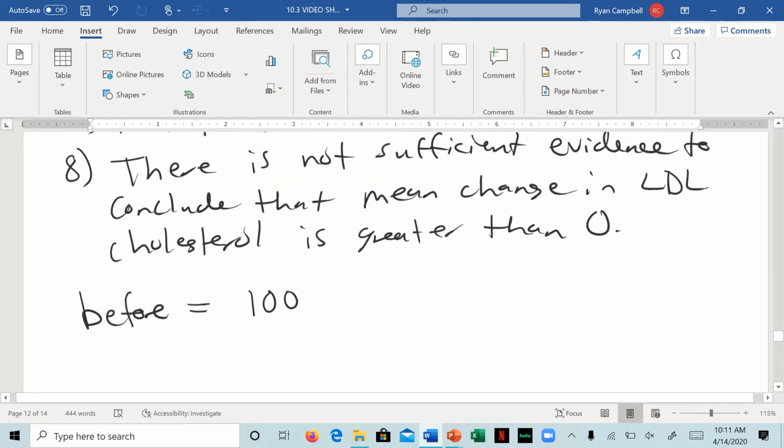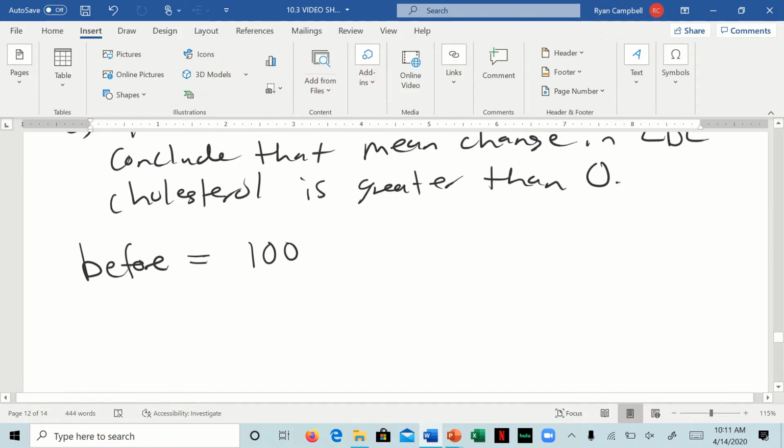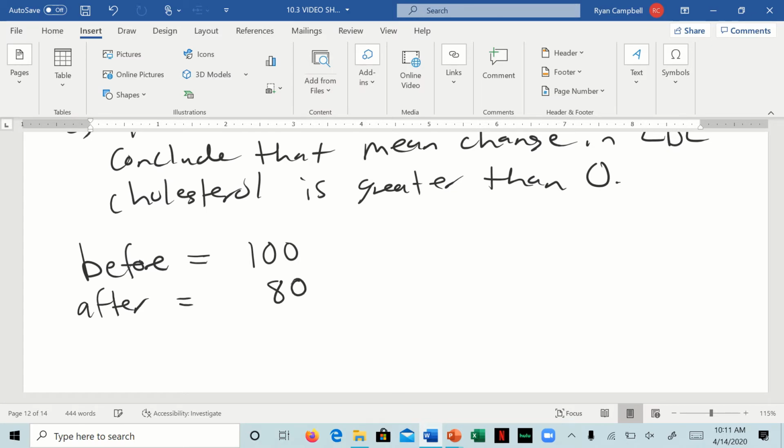And so if you're wanting to lower the cholesterol with the garlic, then the after should be a smaller number, right? So let's just say 80. So if the change is before minus after, in this case, it would be 20, which is a positive number.